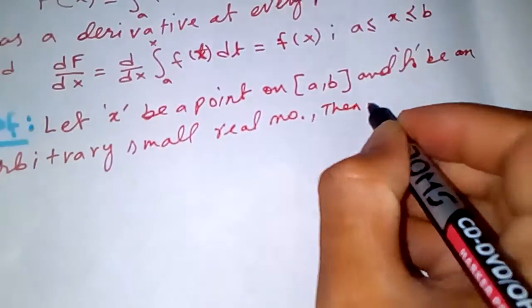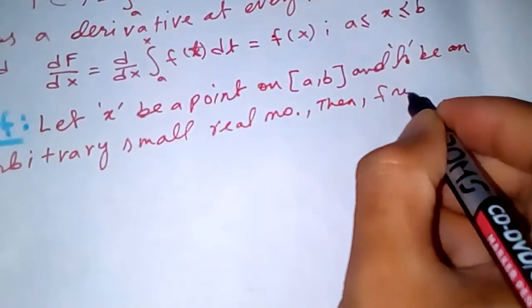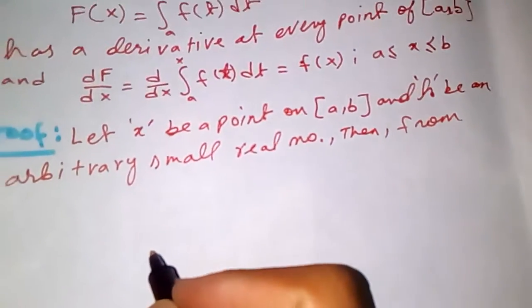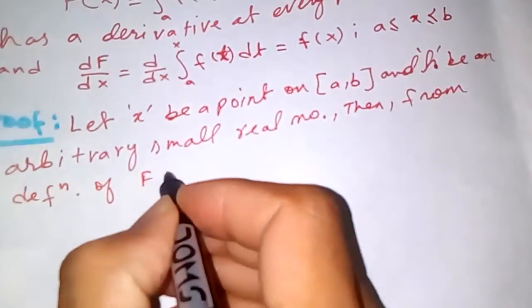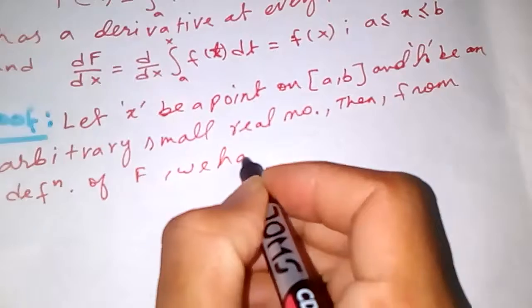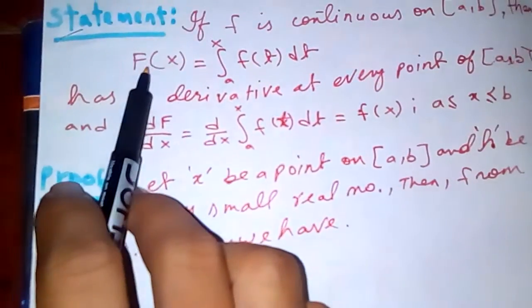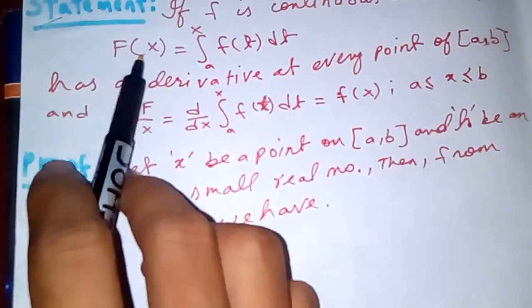Then, from the definition of F, meaning this one, F of x is this one.